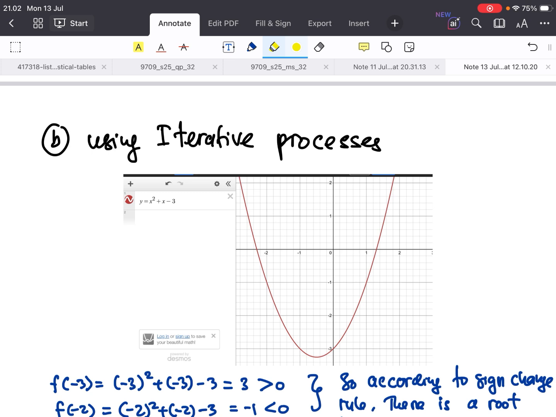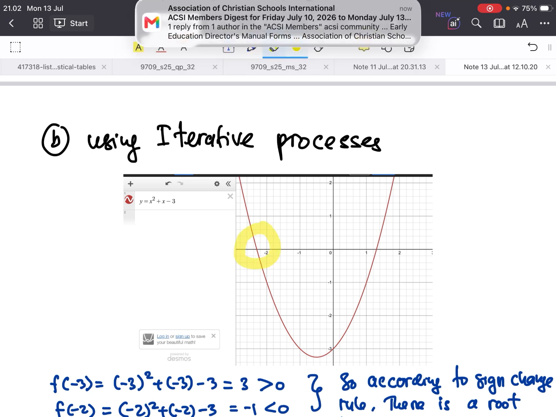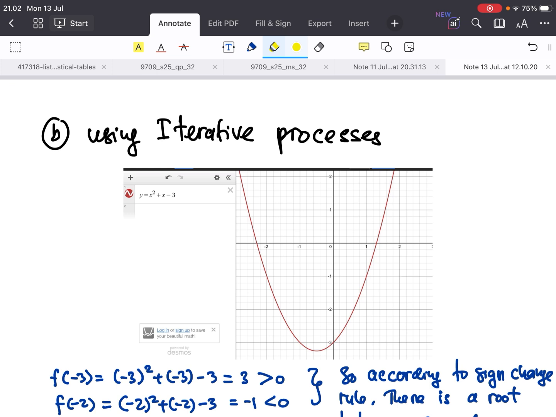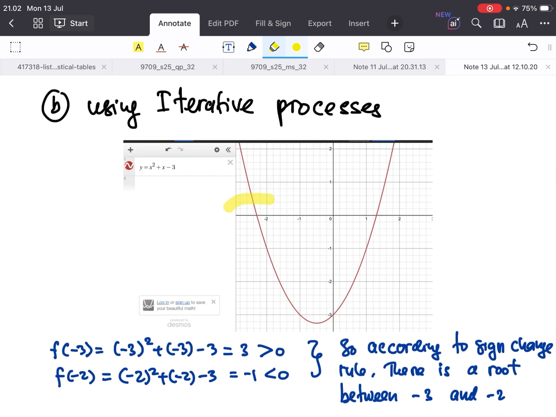From this graph, we know that there is one solution near x equals negative 2, or we can say that there is one solution between negative 3 and negative 2. One way to know the approximate solution to the equation is to use what we call the sign change rule.